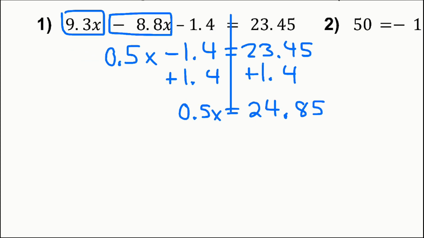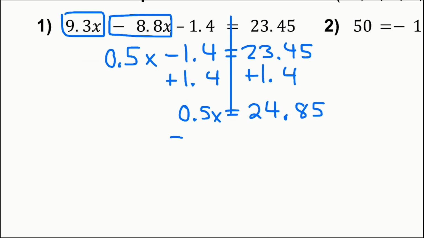Right? The final step on this particular problem is to divide both sides by 0.5. Okay. X equals 49.7.